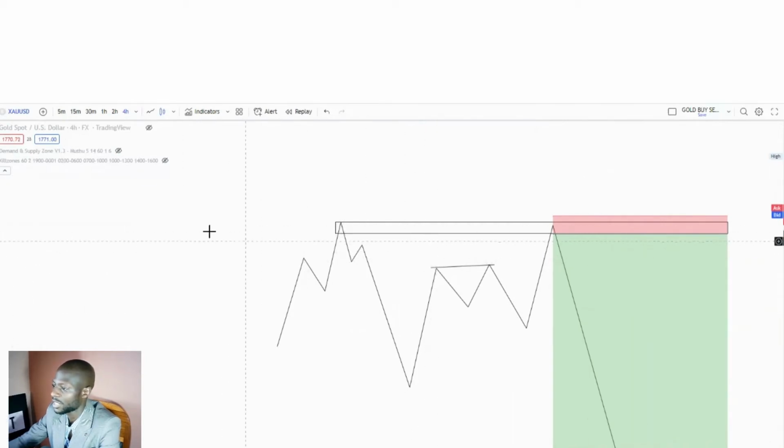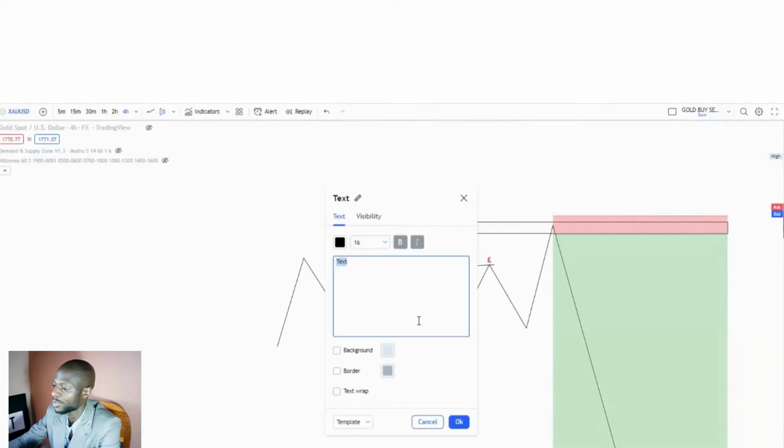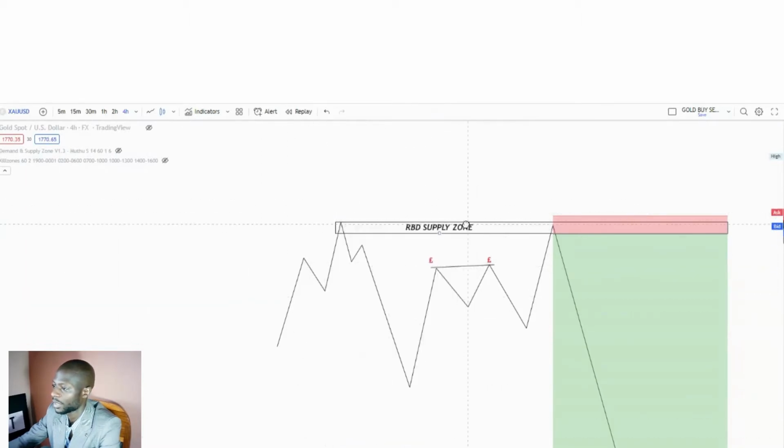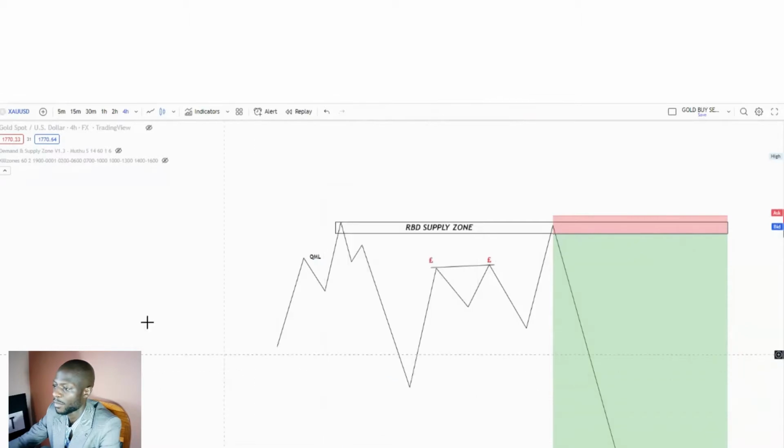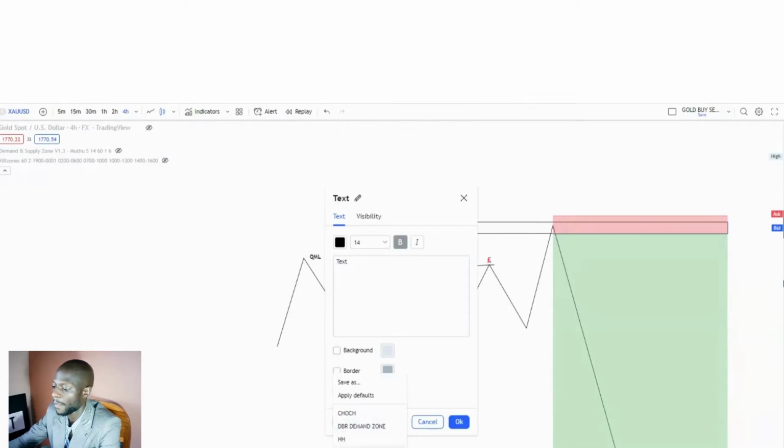So we have our liquidity here, we have our liquidity area here, and another one right there. Then we have our rally base drop supply zone right here, and then we have our QML. And then we have our change of character just here.